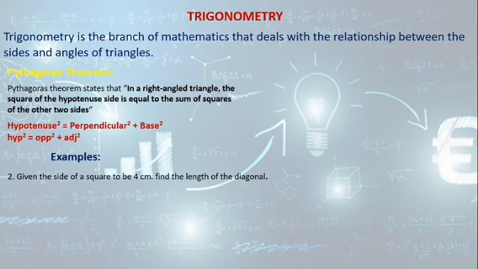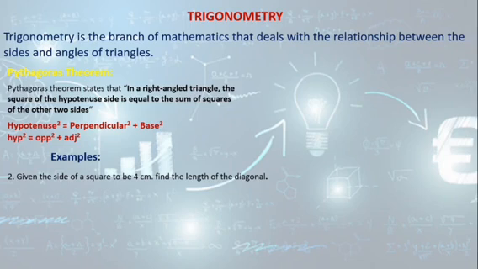Now, this question says we are given a square, and a side of the square is 4 centimeters long, and we have to find the length of the diagonal. Now, there are two things that we are being tested on here. Number one is that we must know the properties of a square.